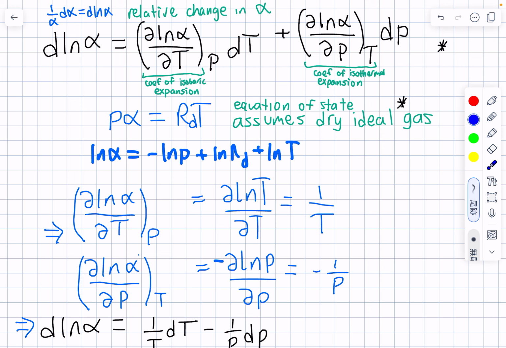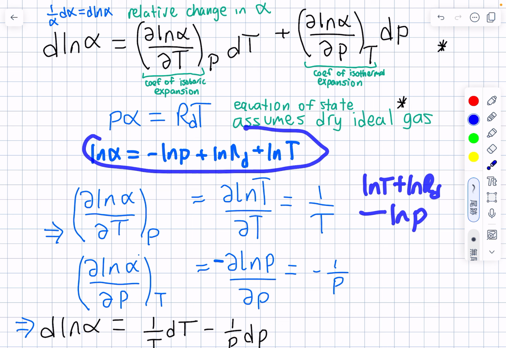And so we can do that in this case. We take this equation, we divide by P on both sides. We get alpha is equal to R dT over P. And taking ln alpha, the multiplication of the top part gets you ln T plus ln R d, minus the bottom, which is ln P. And so that's what we have here.